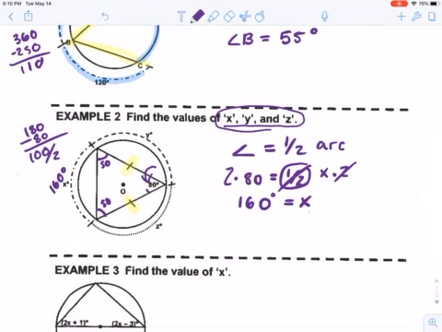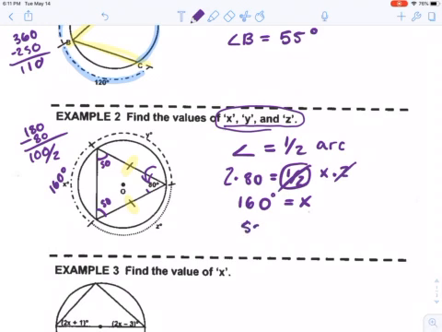We've got to figure out what y is. And I want you to understand that once we figure out y, it's going to be congruent to z because their inscribed angles are congruent. So angle is half of the arc.